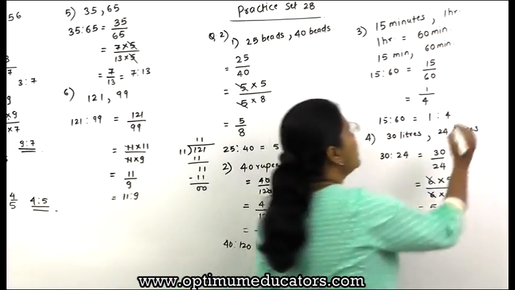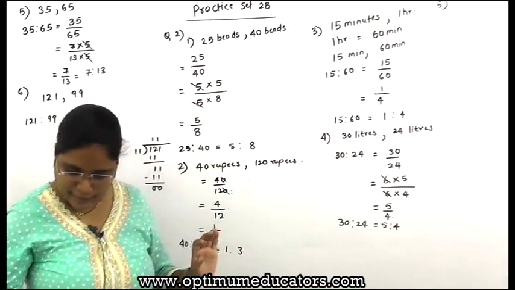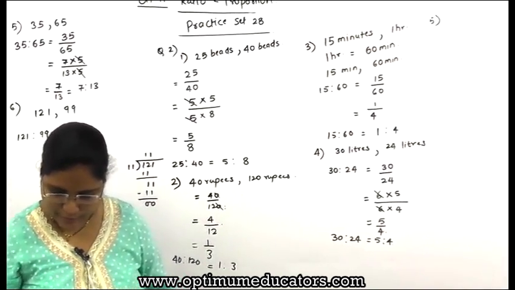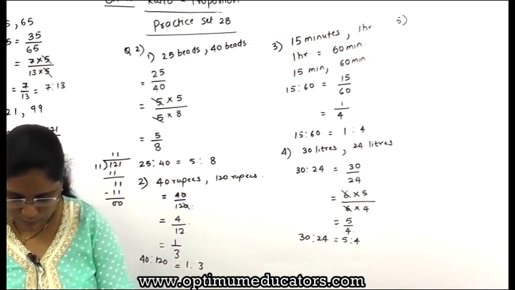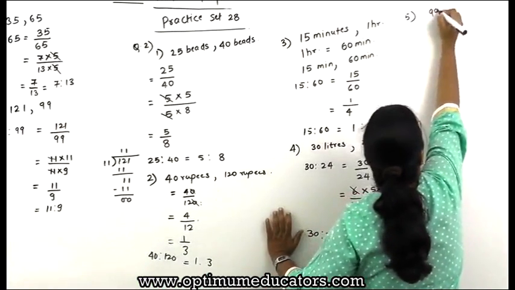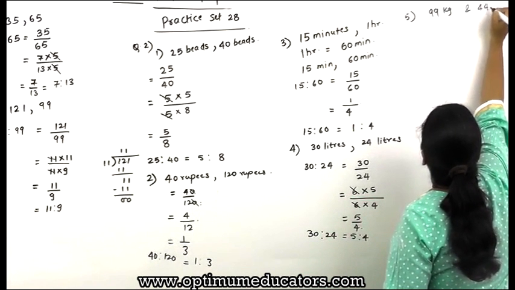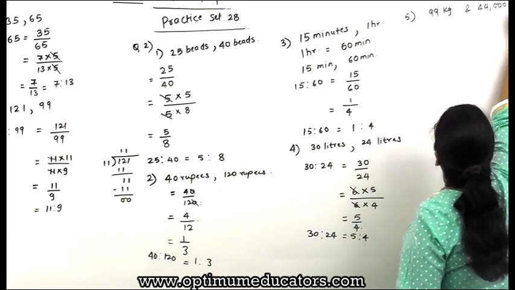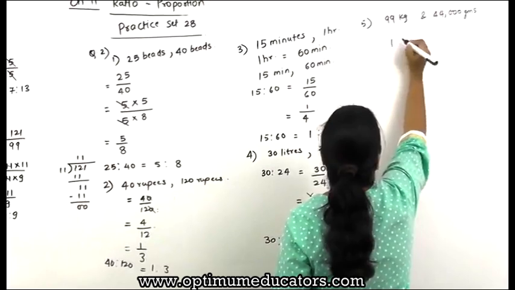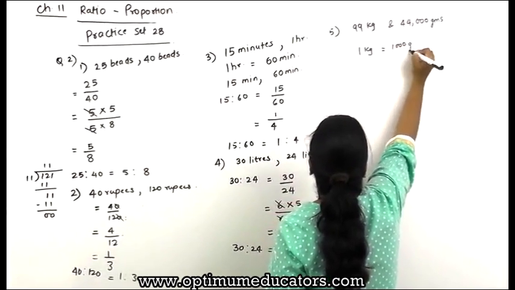Next example is 99 kilograms and 44,000 grams. Now we know that 1 kilogram is equal to 1000 grams.